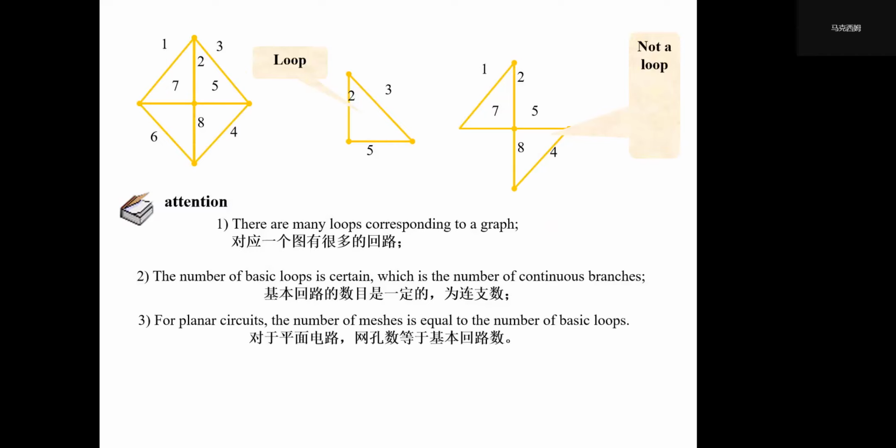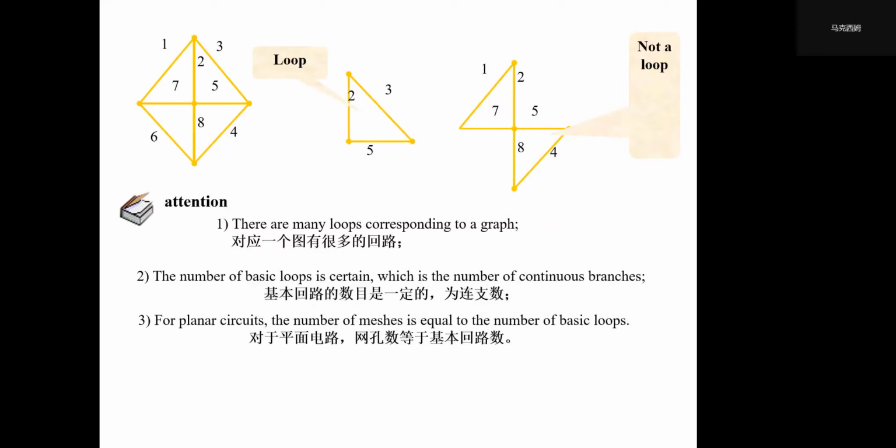We also know that for a two-dimensional or planar circuit, the number of meshes is equal to the number of basic loops. For a three-dimensional circuit that is not the case, but in our course we don't talk about three-dimensional circuits right now, so it doesn't matter.